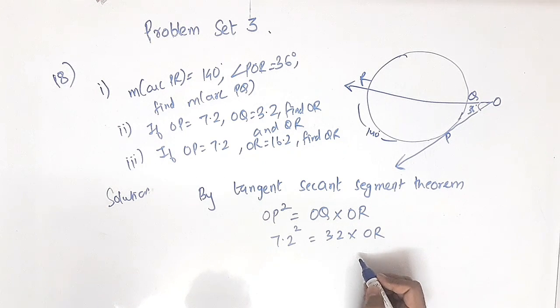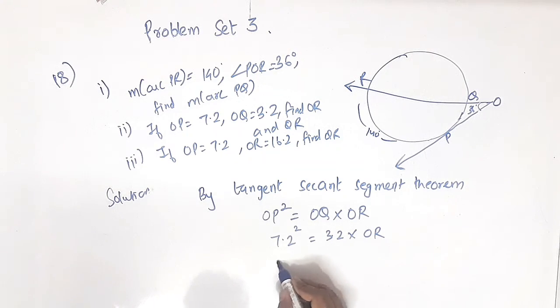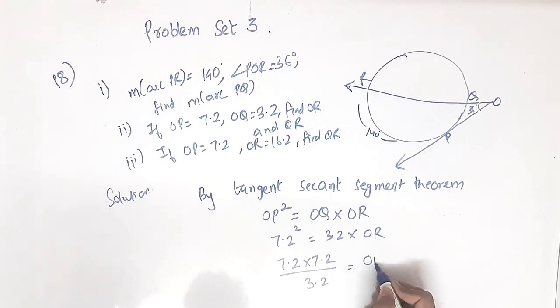So this will be 7.2 into 7.2, I am writing 2 times. 3.2 will come here and OR alone on the RHS. I'll take 8. 8 4s are 32, 8 9s are 72.